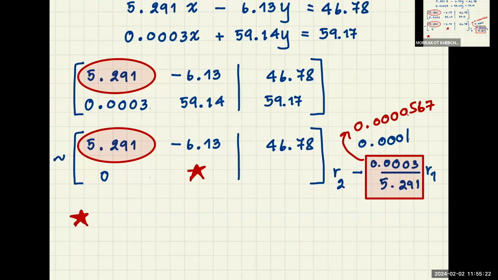So the values at the star location is equal to 59.14 minus 0.0001 multiplied by minus 6.13.